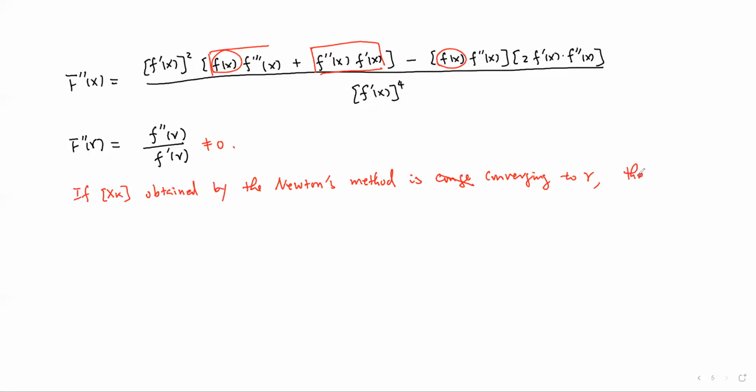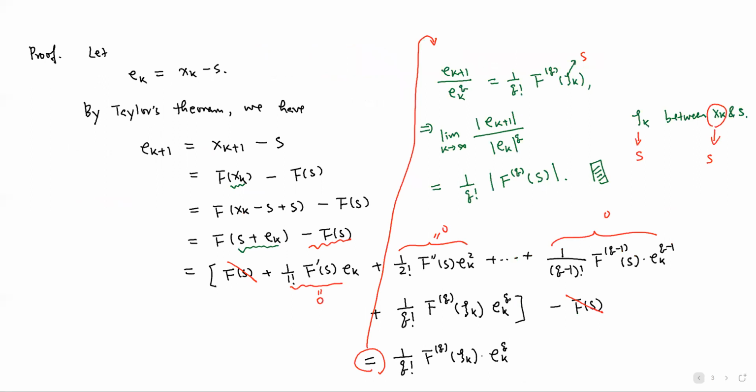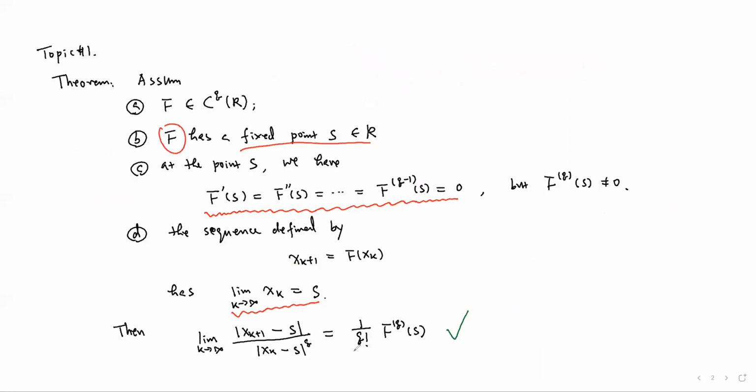Then by the previous theorem, |x_{k+1} - R| over |x_k - R| squared is equal to a non-zero number. It is equal to this number, 1 over q factorial, where q is 2.